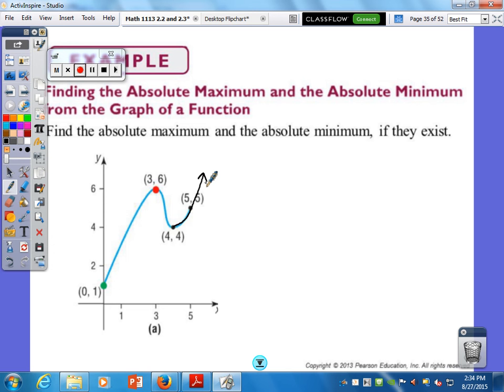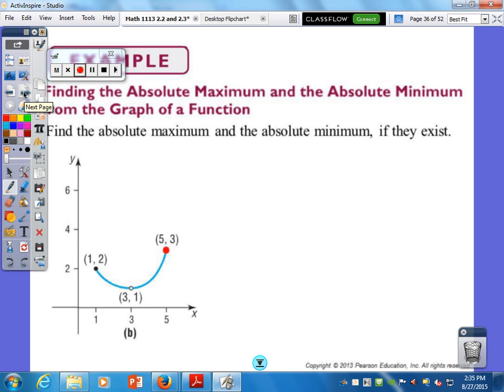No, just say none. If you want to, you can overkill it: it goes to positive infinity, therefore there is no defined absolute maximum. But none means the same thing to me. There is none.